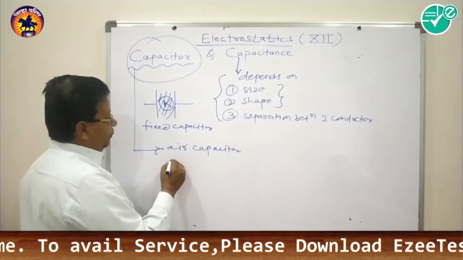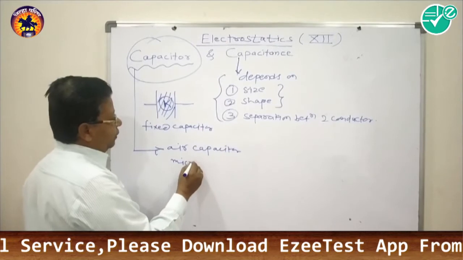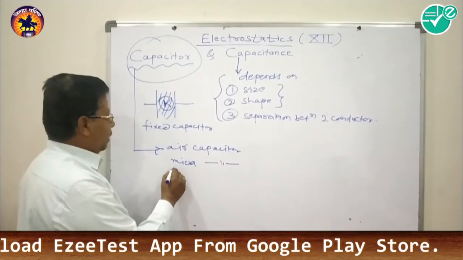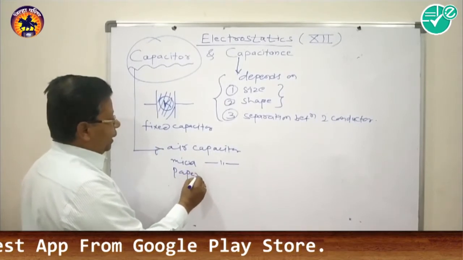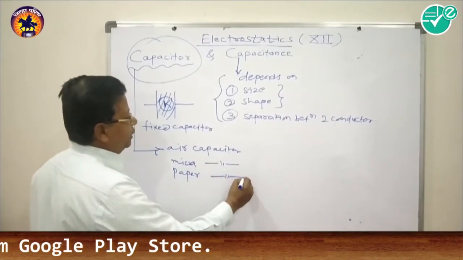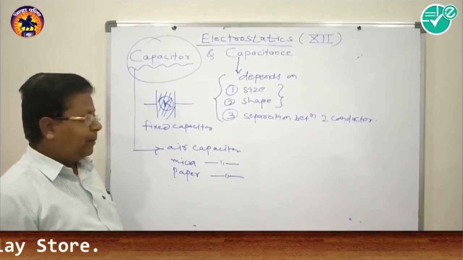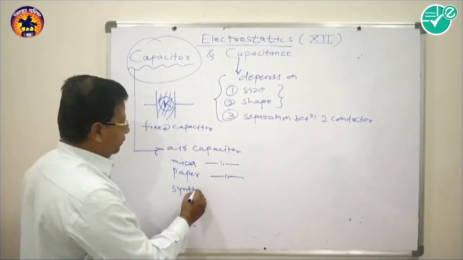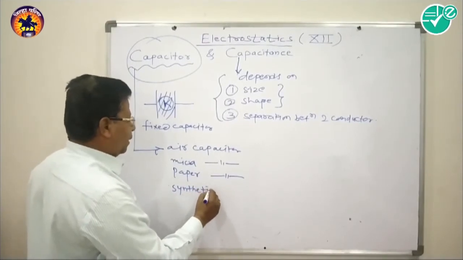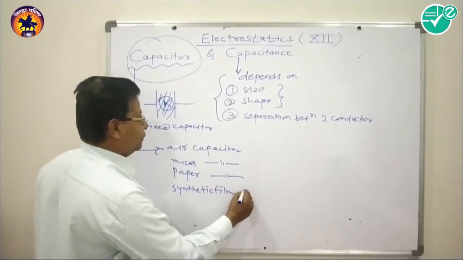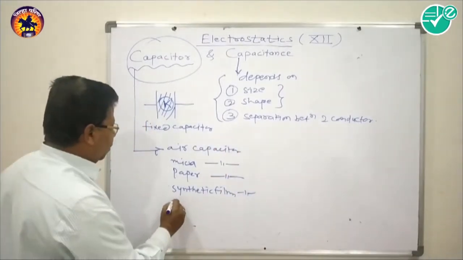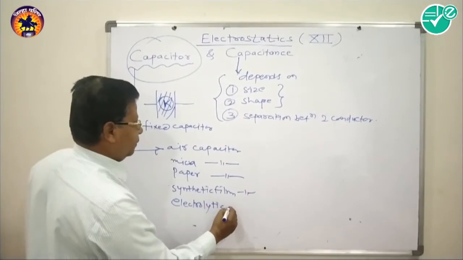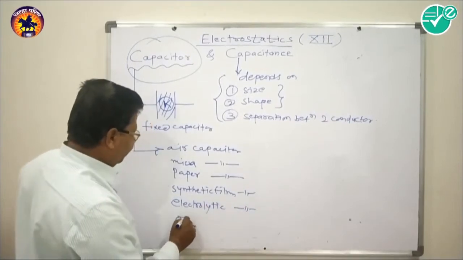If the space is filled with mica, then it is called a mica capacitor. Or if between the two plates the medium is paper, then it is called a paper capacitor. Synthetic film capacitor, electrolytic capacitor, oil-filled capacitor.